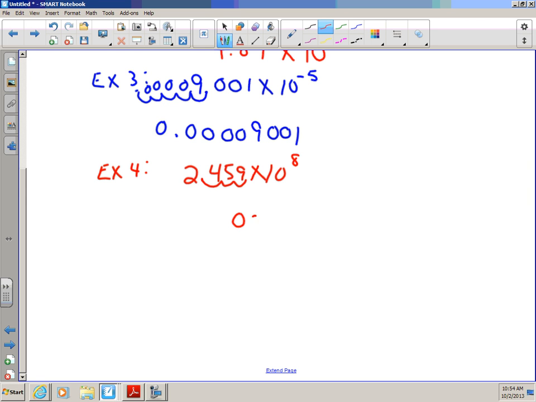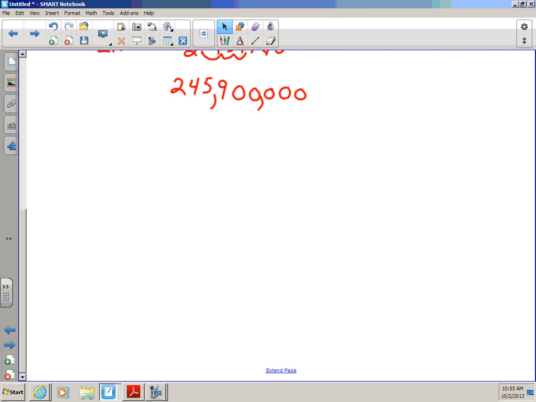That means I need to add on 5 zeros in addition to my 9, 5, 4, and 2. Putting in my commas in the appropriate place, I see that 2.459 times 10 to the 8th is equivalent to 245,900,000 in standard form.